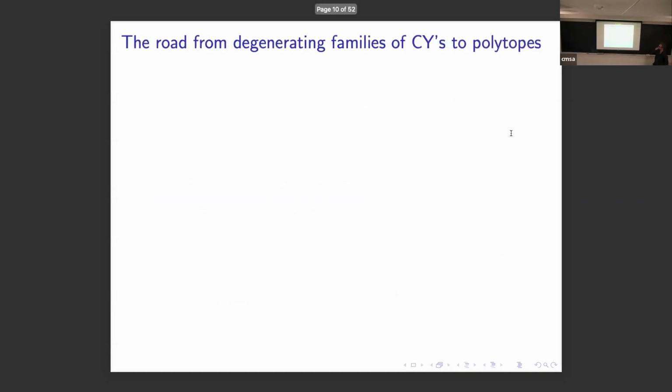So this is what we would like to understand eventually, and now I will give a brief sketch of a way to try to approach this in this setting. We try to get from these degenerating families to an optimal transport problem on the boundaries of polytopes.